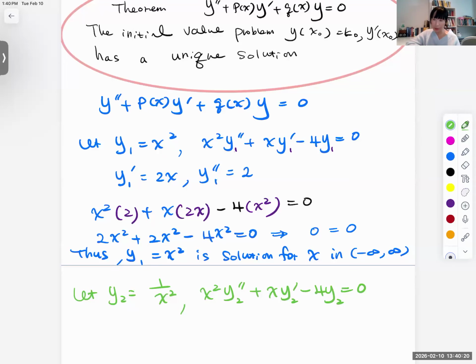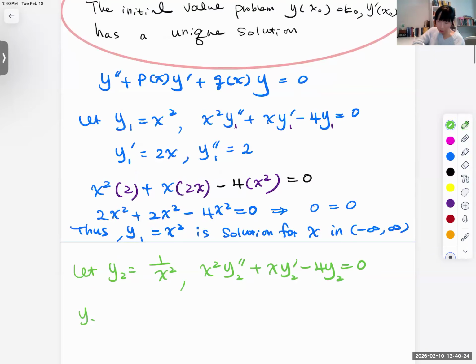Then y sub 2 prime, we want a derivative. So there will be x to the negative second power, right? So we should have the power reduced by 1. So x to the negative third. So there will be negative 2 over x to the third power, right?